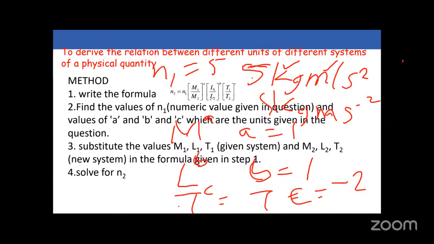Now, if I'm to convert 5 kg meter per second square into a lower unit, like gram centimeter per second square.